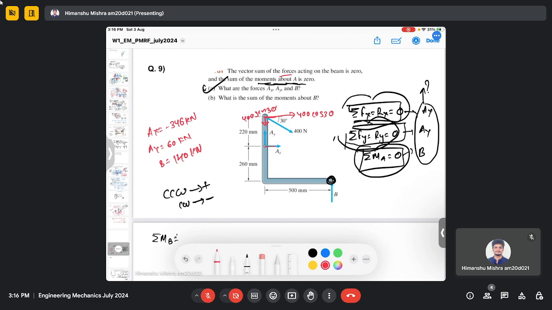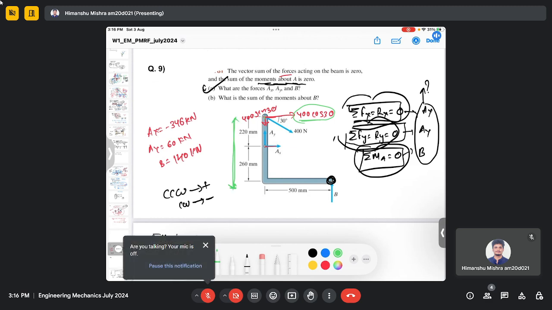So the forces which are creating the moment: this 400 cos 30, because we have a perpendicular distance from the application of force till point B, and this is the perpendicular distance, which is 220 plus 260 millimeter.